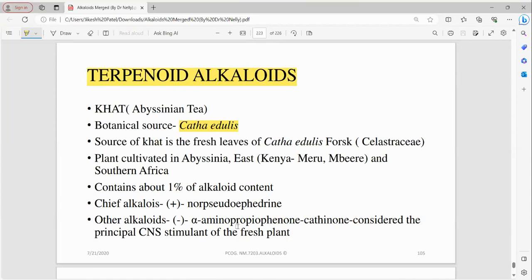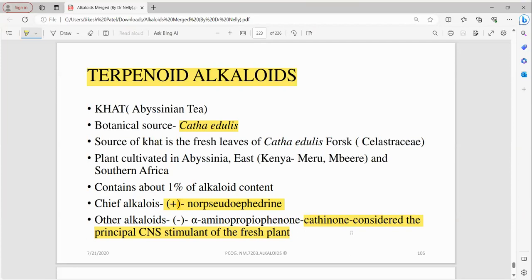The chief alkaloids found in Miraa include pseudoephedrine, and the other alkaloids are listed there, but the major one to remember is cathinone. Cathinone is what gives Miraa its addictive component. It's what makes Miraa be abused as a drug.